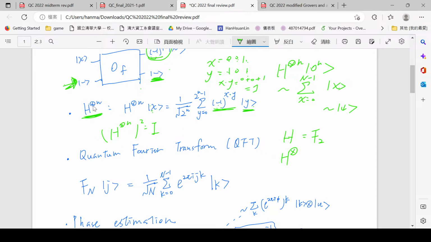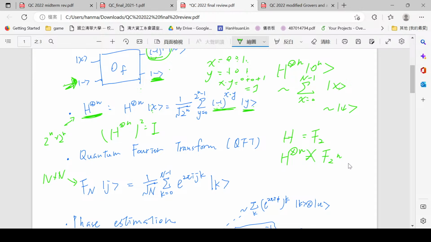We are comparing Hadamard to the n and F_n. Let's compare the dimensions of those two things. Hadamard to the n is a 2^n by 2^n dimension matrix, and the Fourier transform, although we haven't said, is an n by n matrix. You might be curious: we have H^⊗1 equal to F_2, so does H^⊗n equal F_{2^n}?